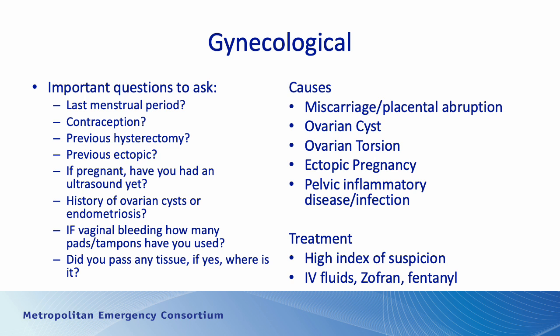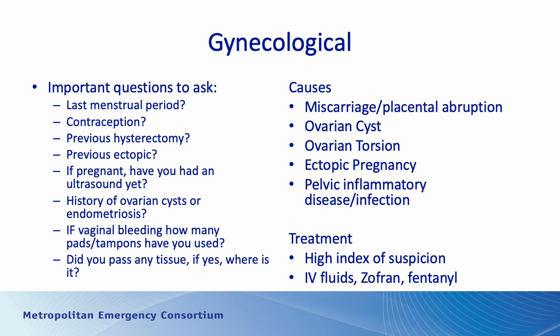Sometimes you can develop an ovarian torsion. That's where the ovary twists on its stalk. It's very similar to a testicular torsion. That can be very uncomfortable and may require surgery. Ectopic pregnancies can cause acute pelvic pain, and if they rupture, they can become life-threatening. Pelvic inflammatory infections can also cause pain.